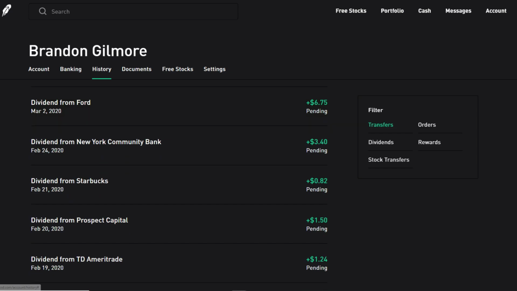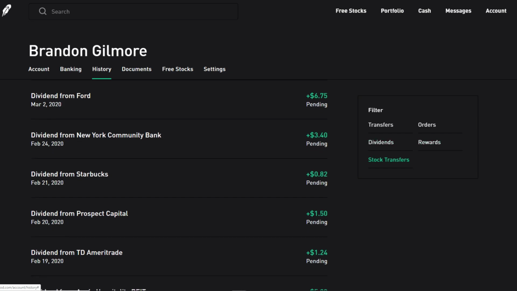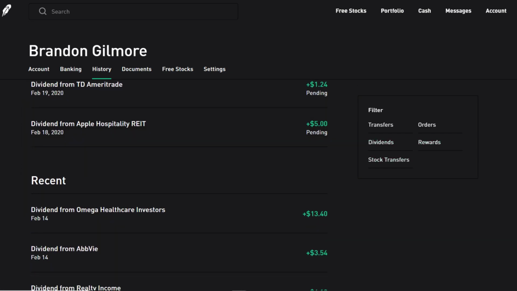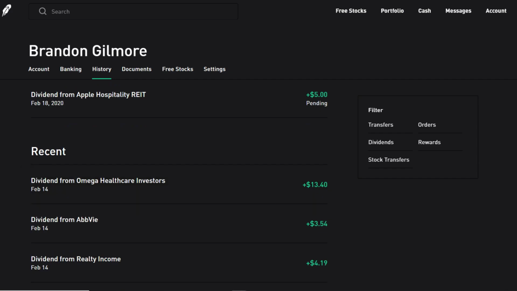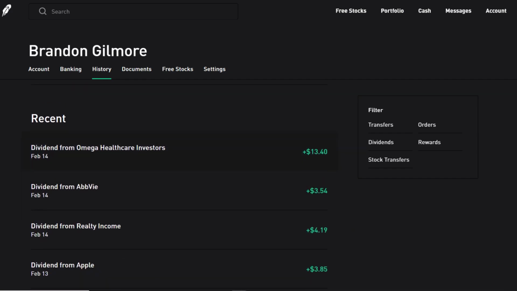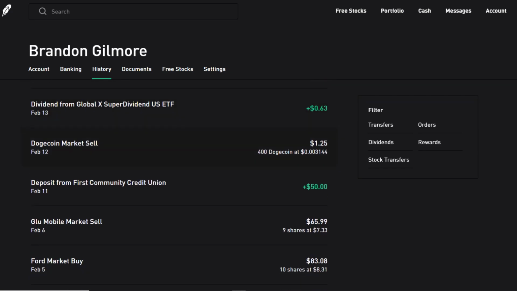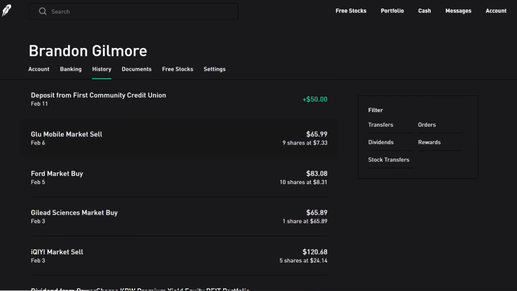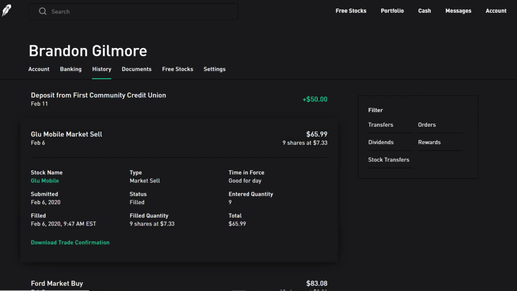You can really sort this however you want: transfers, orders, dividends, rewards, or stock transfer. Stock transfer obviously being from another platform or transferring to another platform. It'll show you dividends here, and stuff like purchases or sells. Recently I sold my Glu Mobile, 9 shares at $7.33.